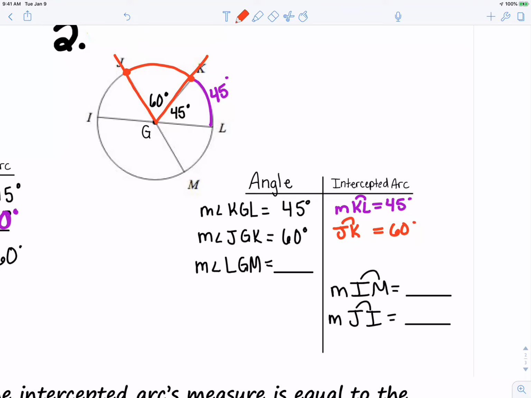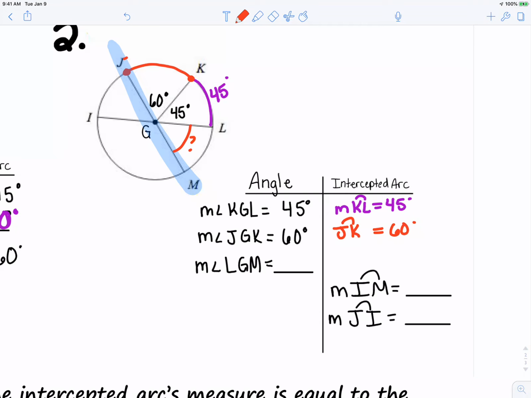All right, next we are asked about the measure of angle LGM. So LGM. Oh, I lied. There's something in this picture that looks like a diameter. Actually, two somethings. Sorry about that. So we're going to use this diameter right here to help us find this missing angle measurement, angle LGM.